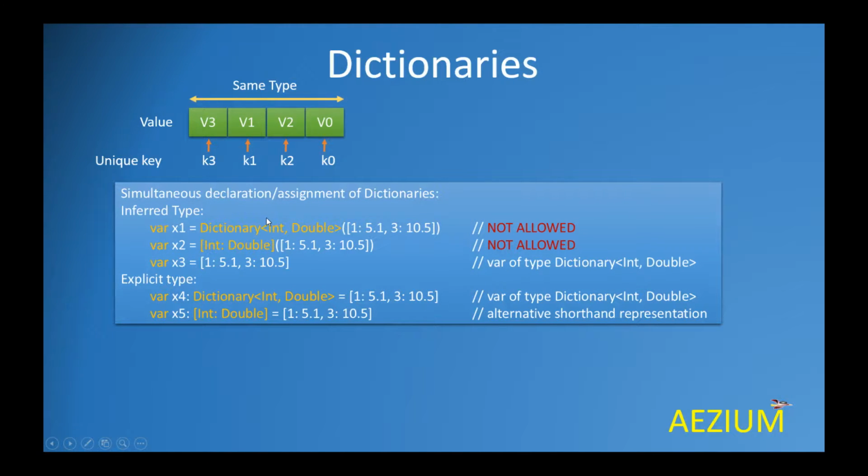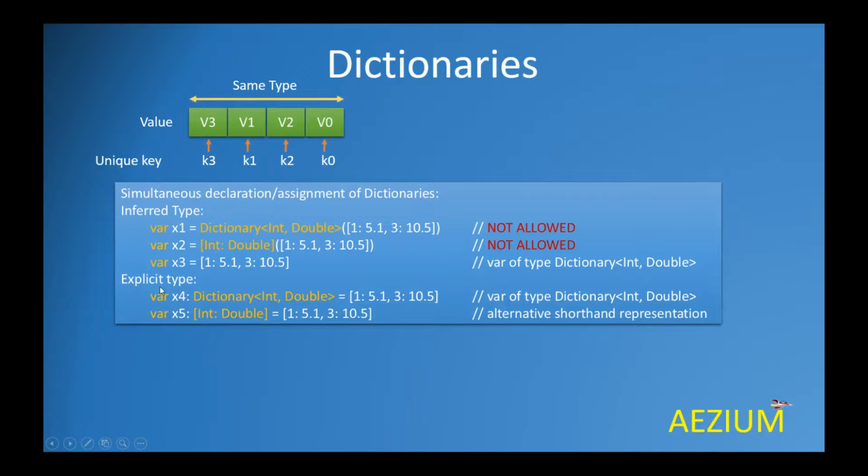Like other data types, we could do simultaneous declaration and assignment of dictionaries. Again, I've divided the simultaneous declaration and assignment into two parts.